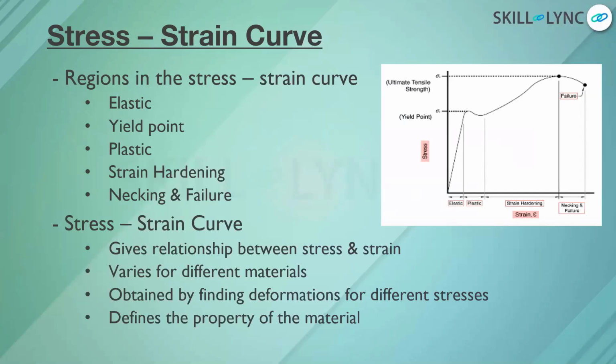If there is any change in an object when a force is applied, then it is called stress. And strain is defined as a change in shape of the object. If there is any change in shape of the object, then it is strain. So this is what a stress strain curve is all about. A stress strain curve is a graphical way to show the reaction of a material when the load is applied.